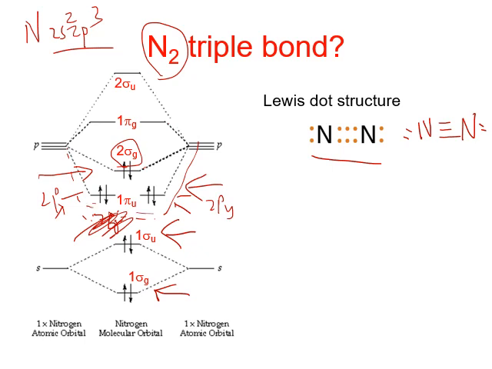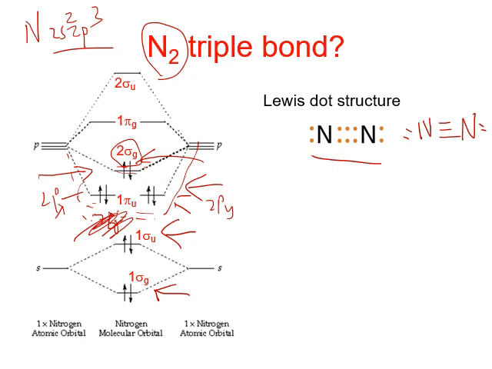So you can fill 4 electrons, and then 2 electrons go to 2 sigma g. This 2 sigma g is because of the pz orbital.